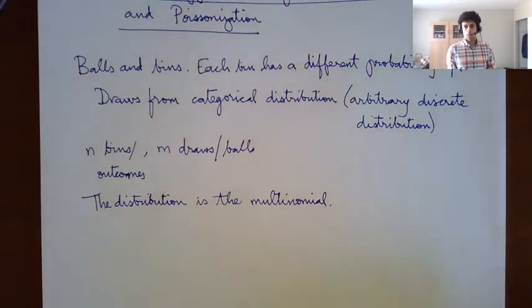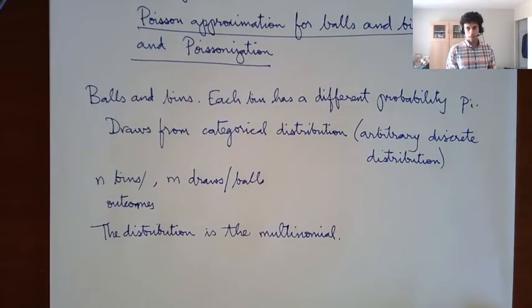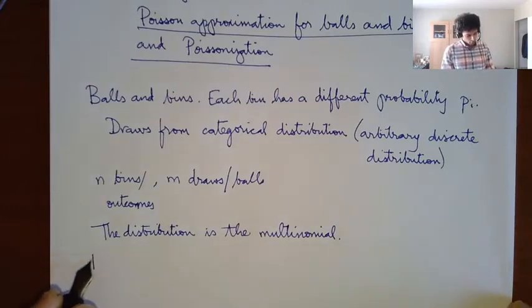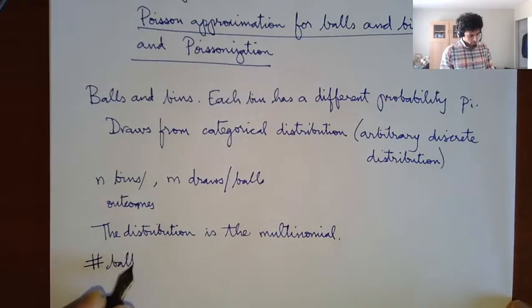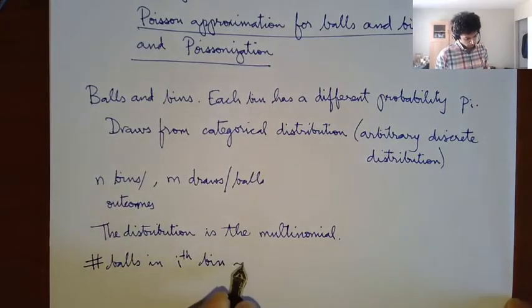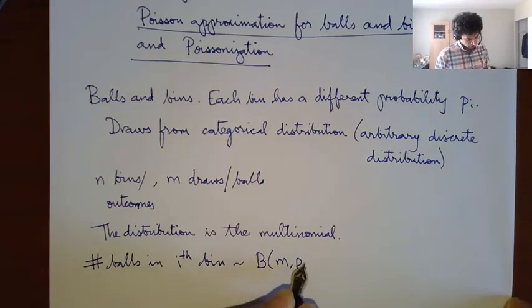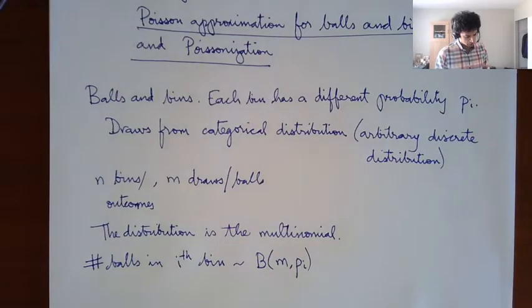The ith outcome has a probability of pi. And so if you look at the number of balls in the ith bin, this is distributed as a binomial m comma pi. M is the number of draws.